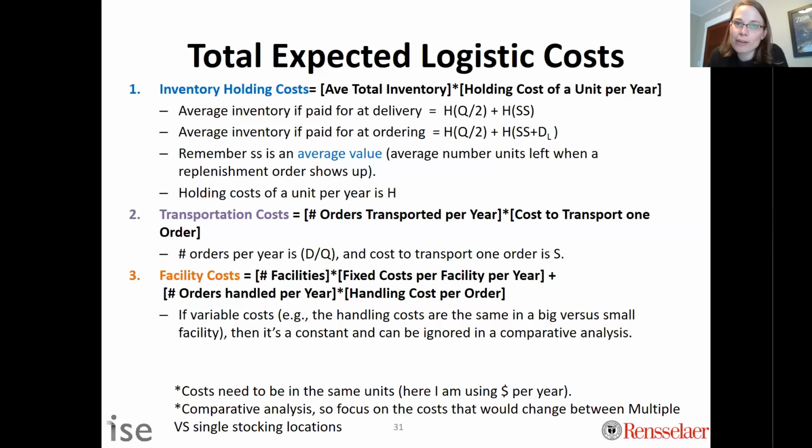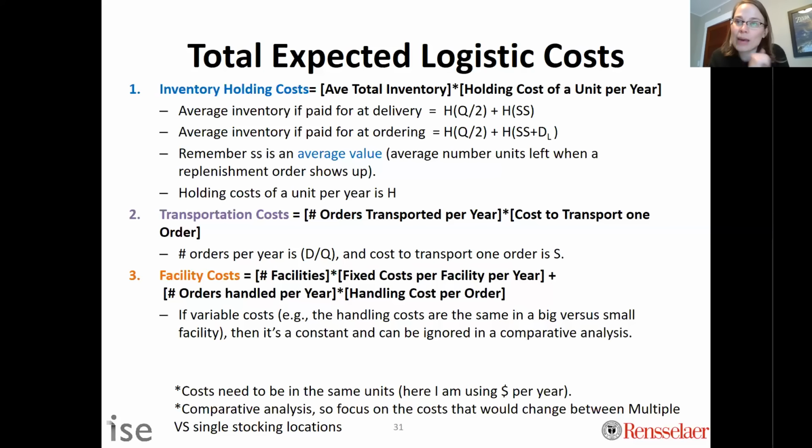The other thing to think about is we're going to do what's called a comparative analysis. A comparative analysis means, is it better to centralize my inventory or decentralize my inventory? What is important here is to consider what's relevant, in other words, what changes between those two decisions. If something is a cost, but it's a constant between those two, it's important if you're going to report to someone what's the total cost of operating, but it won't influence your decision.